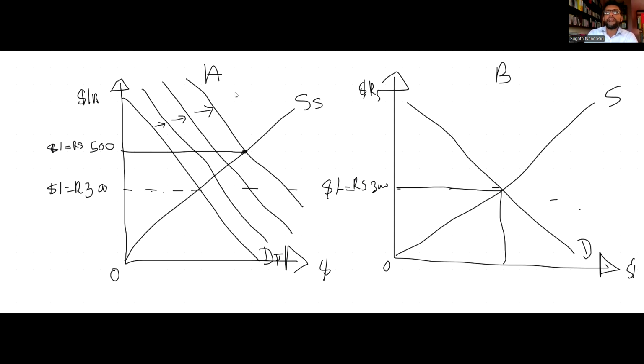Earlier, you paid only 300 rupees to purchase $1. Now you have to pay 500 rupees. It means your currency, the Sri Lankan rupee, the value has decreased. Now, this is the way you show depreciation of your exchange rate, the value of your currency.